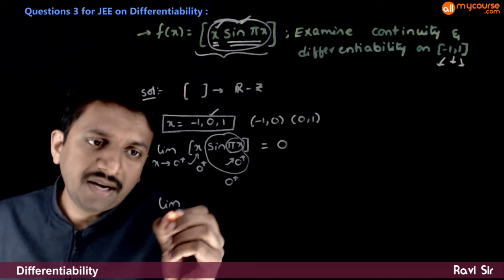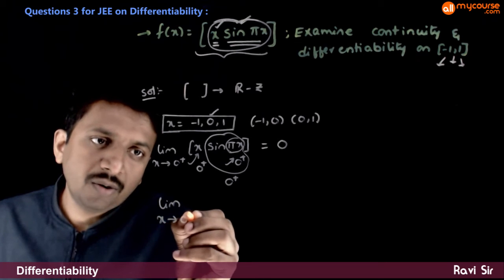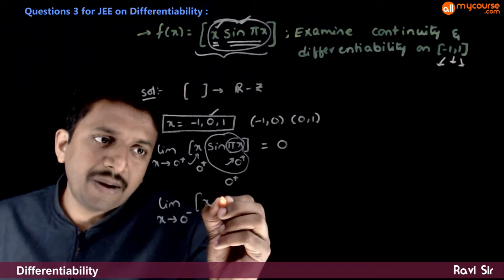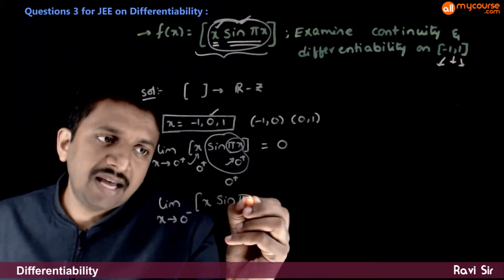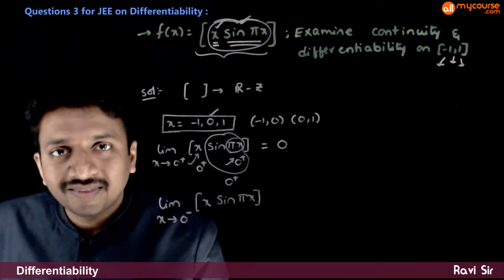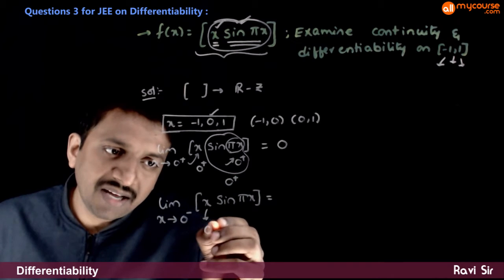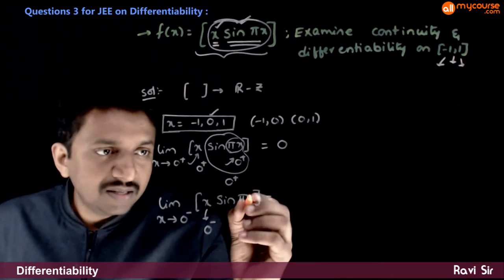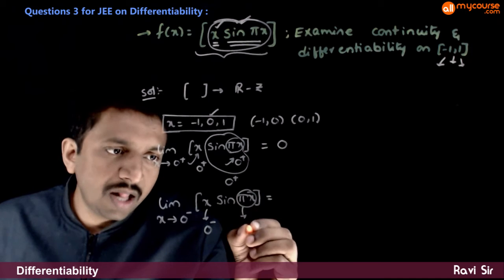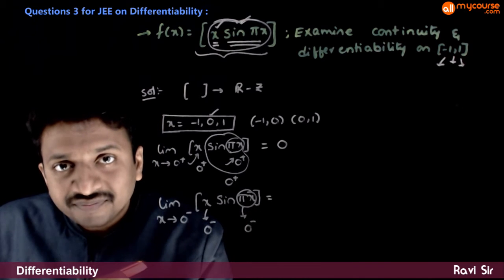And limit x tends to 0 minus of integer part of x sine pi x is equal to. So x is in the negative neighborhood of 0, so pi x is also in the negative neighborhood of 0.